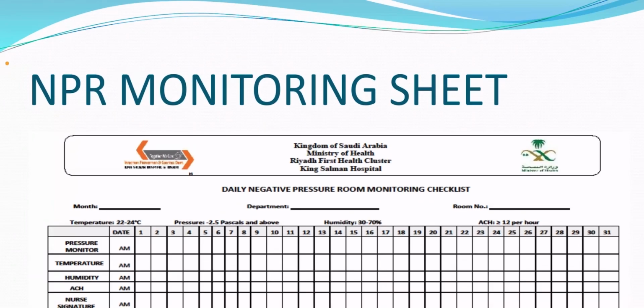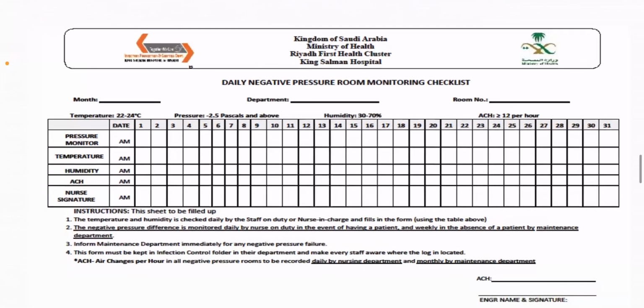Monitor for temperature: 21 to 24 degrees centigrade. Humidity 30 to 60. Pressure -2.5 pascals and above. And the engineering controls, the ACH, should be checked by the engineer, and they should monitor here.